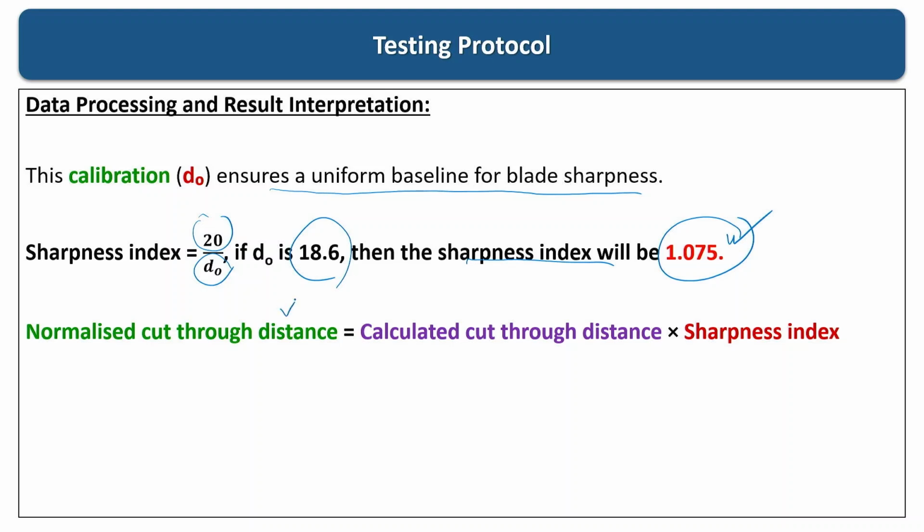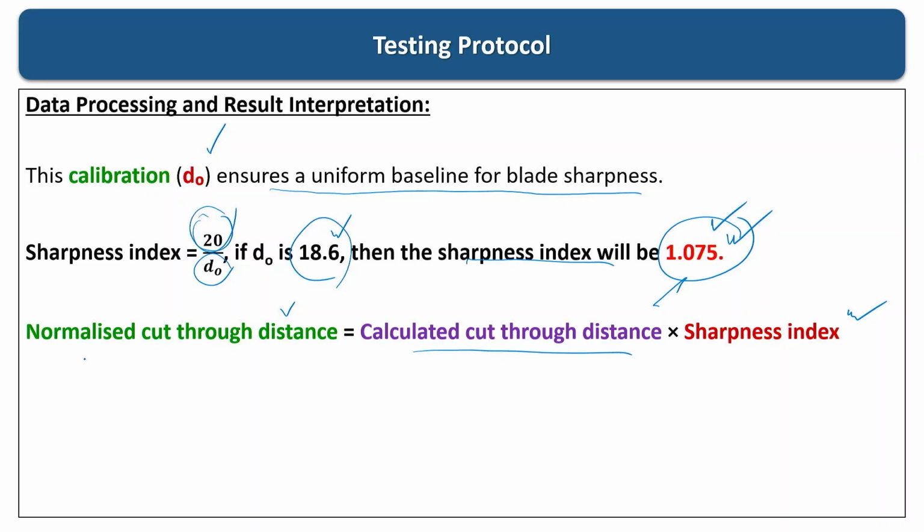So, the normalized cut through distance is basically the actual cut through distance multiplied by the sharpness index. Like if the actual cut through distance is 18.6, and we multiply by the sharpness index 1.075, then we get the actual distance 20.